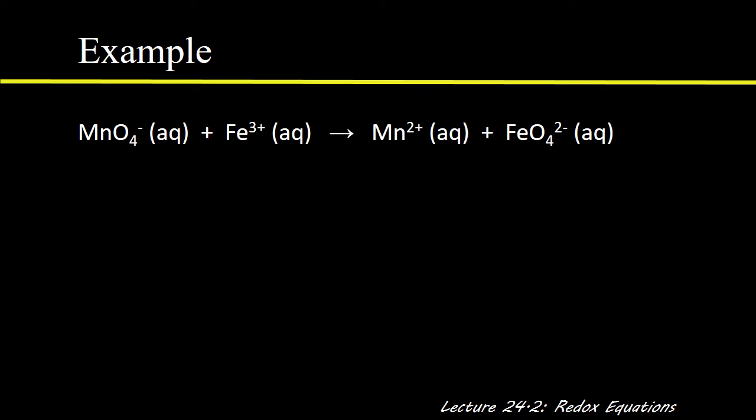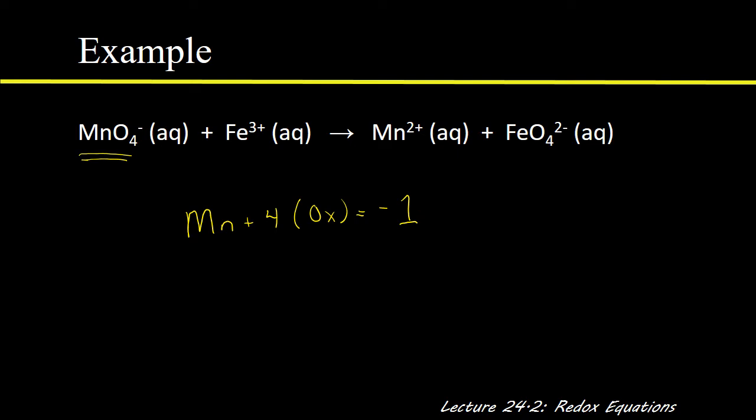The first step, of course, is to assign oxidation numbers to everything, just as we did before. So let's take our permanganate ion to begin with. We'll write our algebraic equation. The oxidation number of manganese plus 4 times the oxidation number of oxygen is equal to -1.